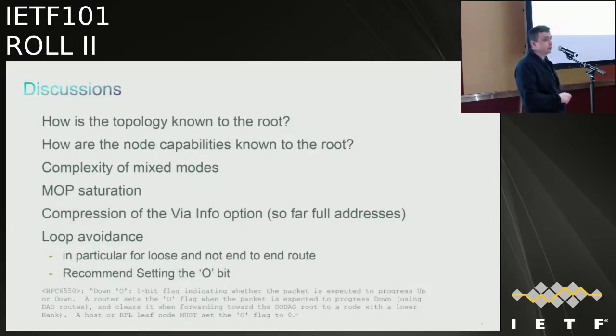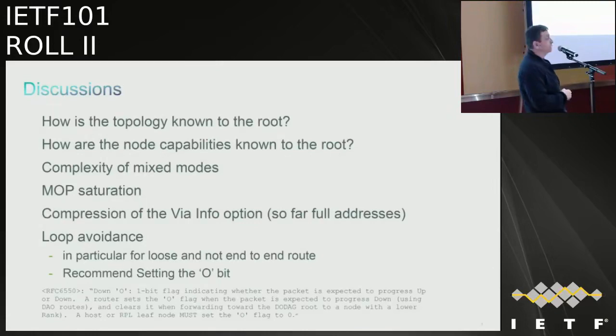It's not this document's problem. If we want to talk about topology and exchange things with the root to let it know what's going on, that's interesting, that's this kind of work, but it's not this spec. This spec is just about DAOs. So it has to be done maybe, but it's to be done elsewhere. That's pretty much what the answer would be. Please react if you don't agree.